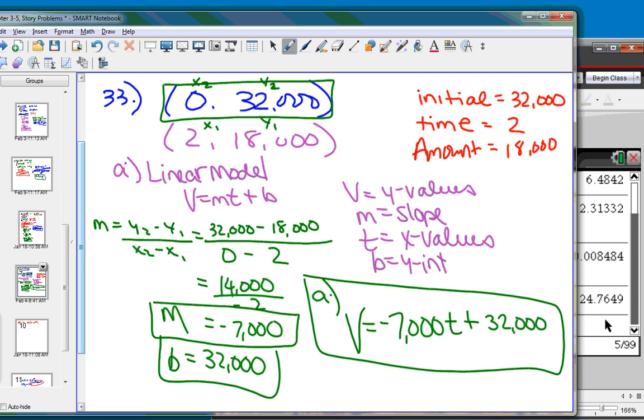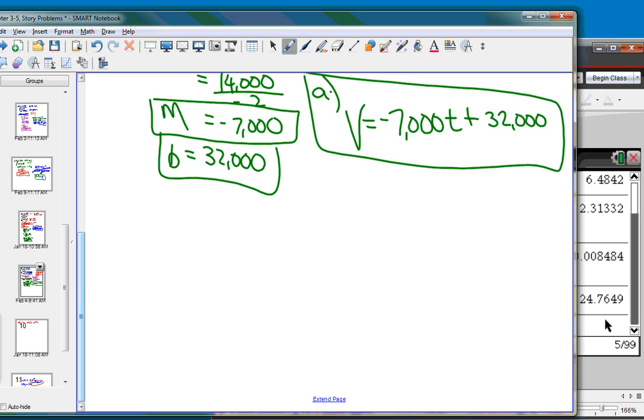Now what does part B say to do? Find the exponential. Exponential: y is equal to a e to the RT. What's y again?